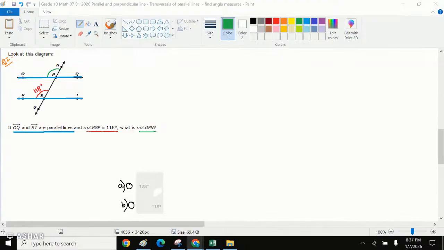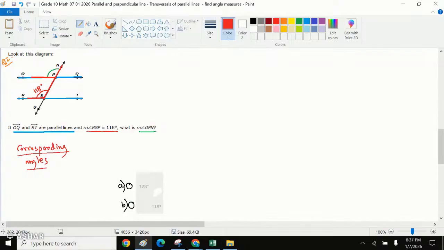See, we can see these two angles are, just a minute, I'll just highlight them. They are forming a shape, an alphabet that we can say is an F, right? And whenever we have a formation of F, we say the angles are corresponding angles.